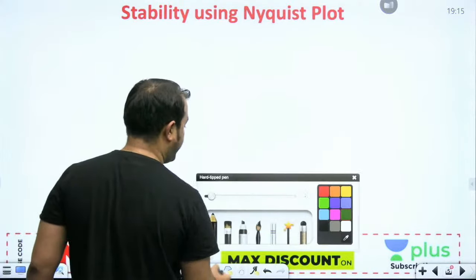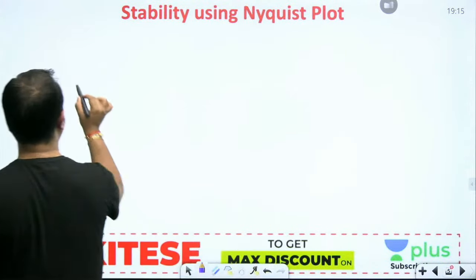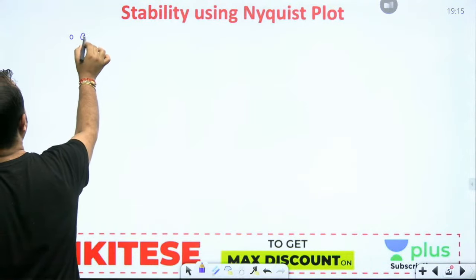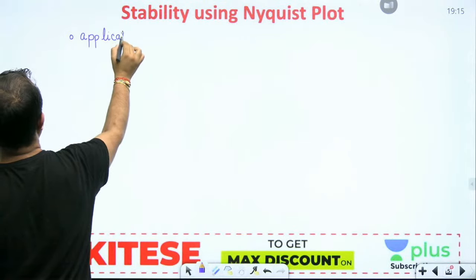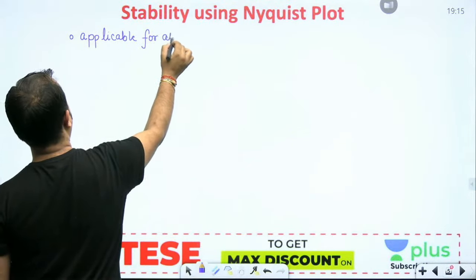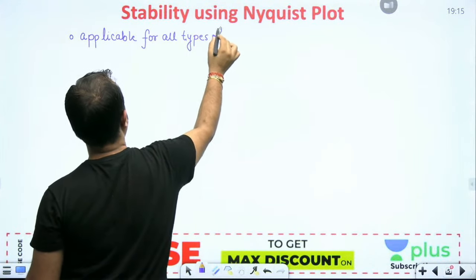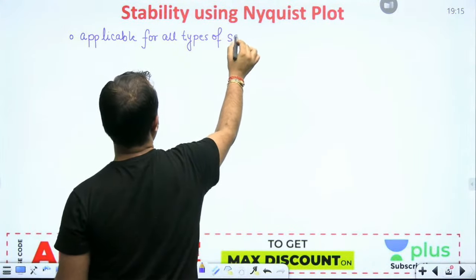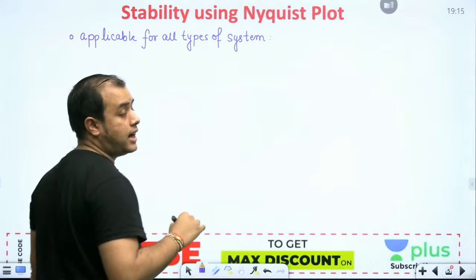Now let us quickly revise the stability criteria for Nyquist plot. It is applicable for all types of system. Just like Routh, na? Routh is also a universal criteria.